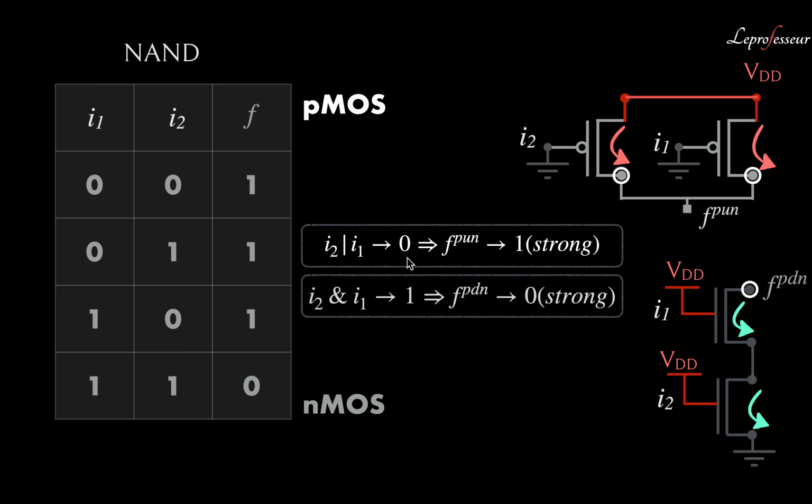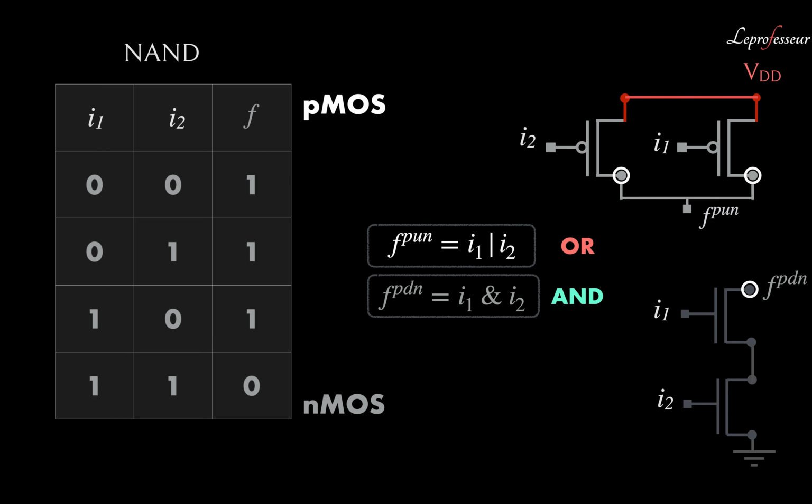I1 or I2, when they tend to 0, pull up network will produce a stronger 1, and when I1 and I2 both are in series and tend to 1, the pull down network output will produce a stronger 0. Or in other words, for pull up network, we should keep in mind thinking about OR logic for connecting the PMOS, and for pull down network we should be thinking about AND logic or connecting the NMOS in series. Good.